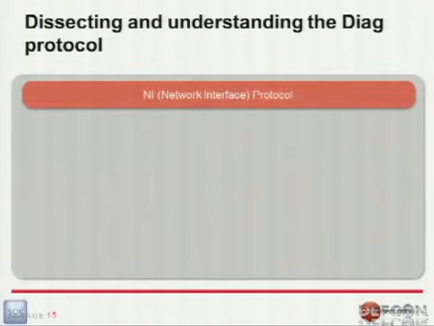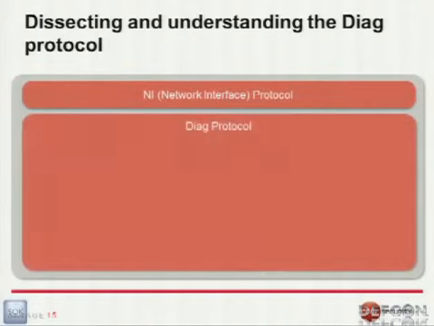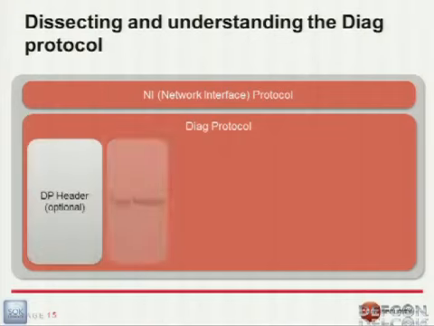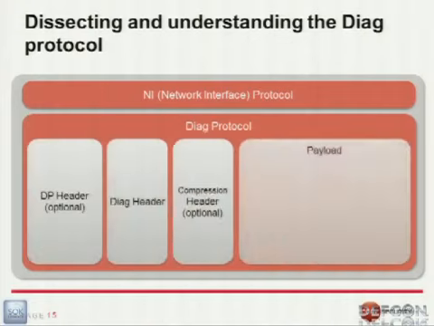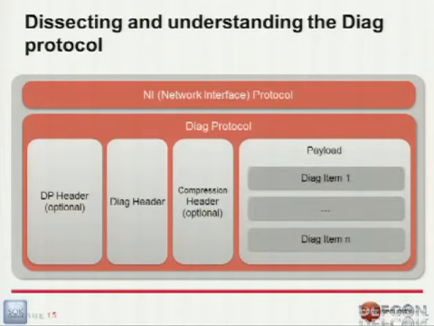So let's see how a regular Diag packet looks. First is the network interface protocol, which is only a 4 byte header that contains the length of the remaining payload. And the Diag protocol is composed of different headers and the payload itself. There's one header that is optional and only used during the initialization, which is the DP header.